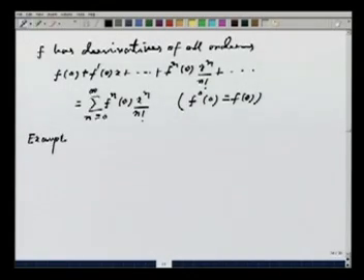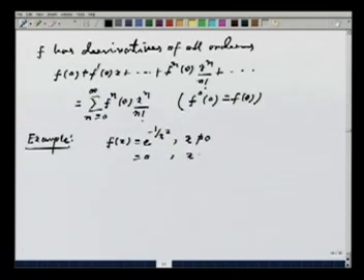It is kind of a difficult example to conceive, but it is true that I look at this function f(x) equals e to the power minus 1 by x square when x is non-zero, and it is 0 at x equal to 0.